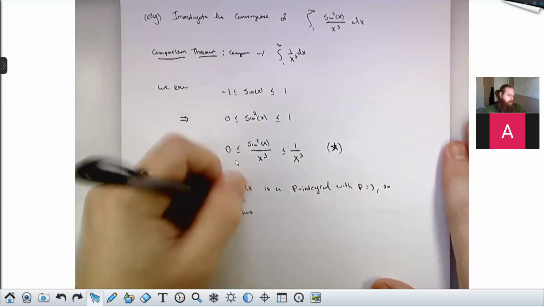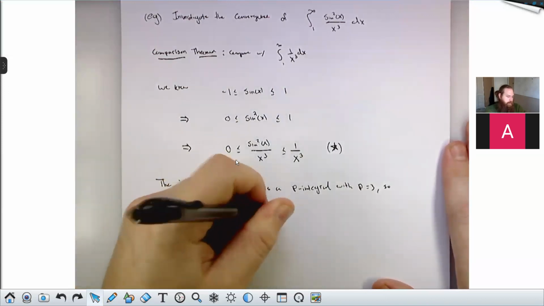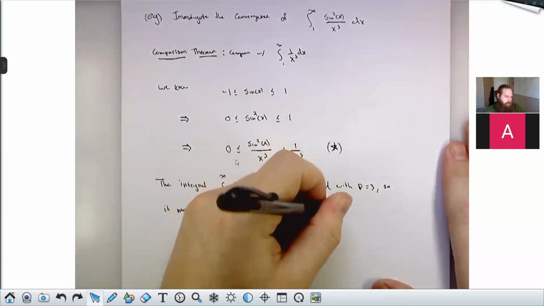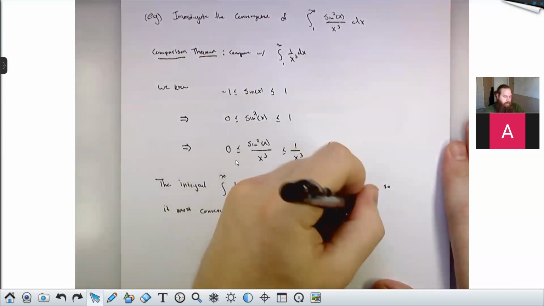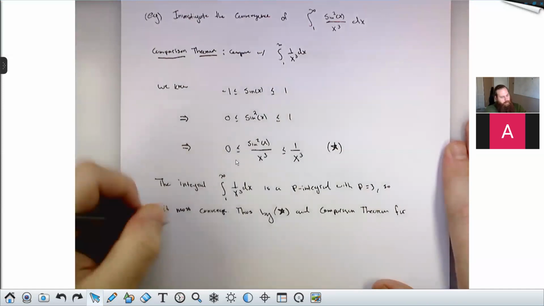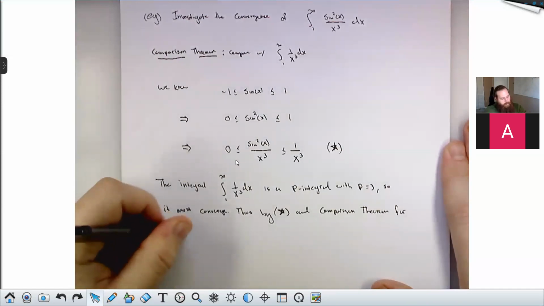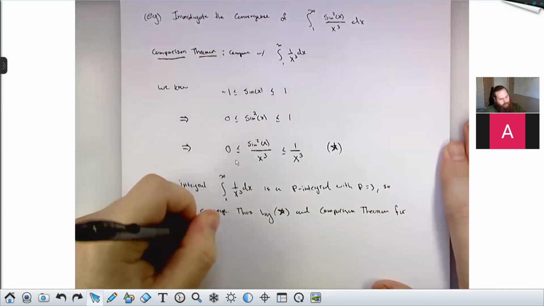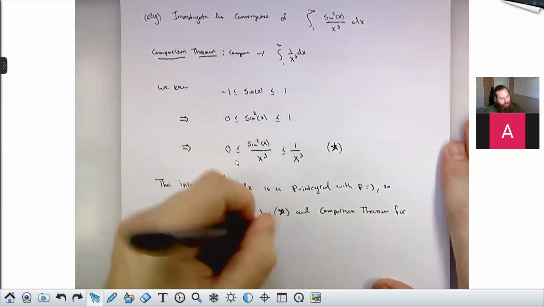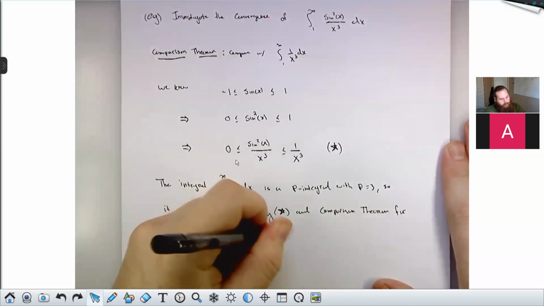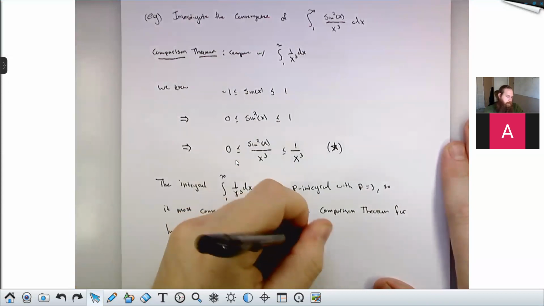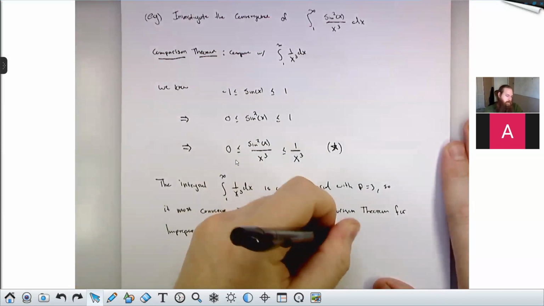Thus, by the inequality star and comparison theorem for improper integrals, the integral from 1 to infinity of sine squared x over x cubed dx must also converge.